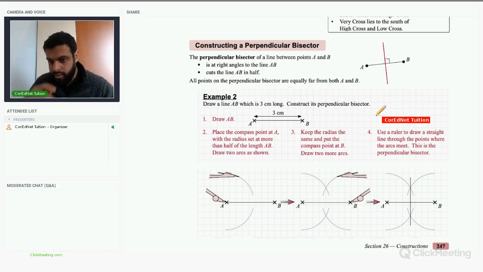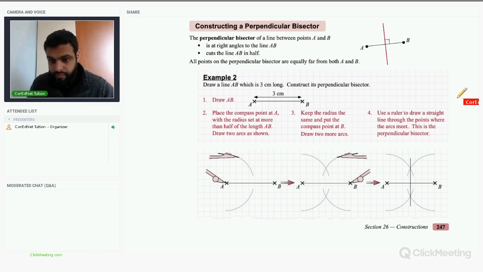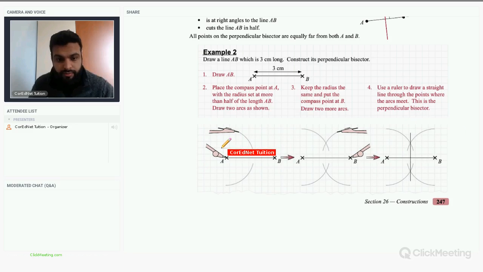So what we are going to do, as you can see here, is draw ourselves a 3 centimeter line. The question says draw a line AB, which is 3 centimeters long, and construct its perpendicular bisector.